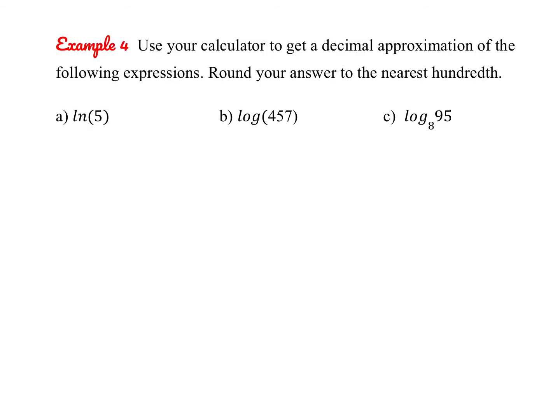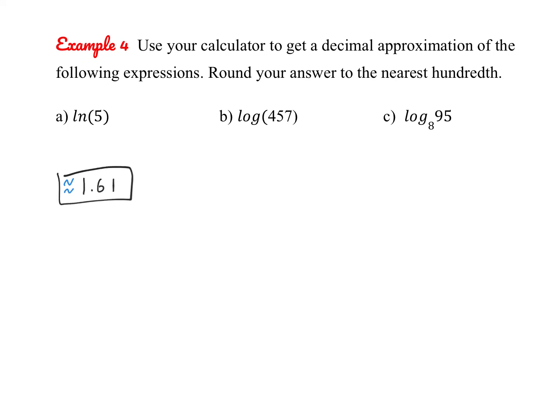So let's use our scientific calculator to get a decimal approximation for these expressions. So natural log of 5, you can actually just plug that straight into your calculator. Again, that natural log button is there, and it says round our answer to the nearest hundredth. So make sure you can plug this into your calculator and get approximately 1.61.